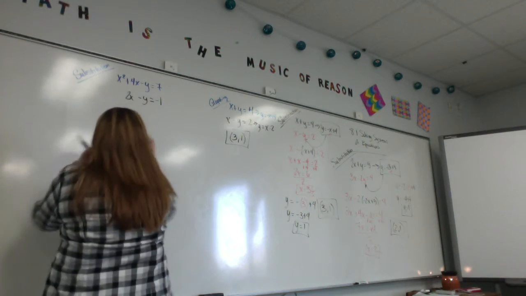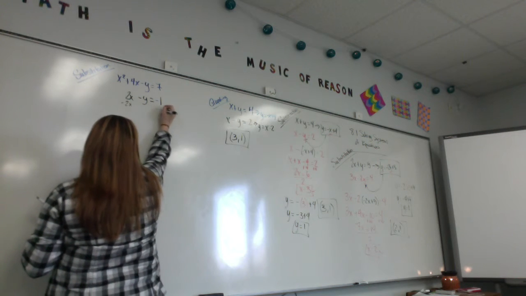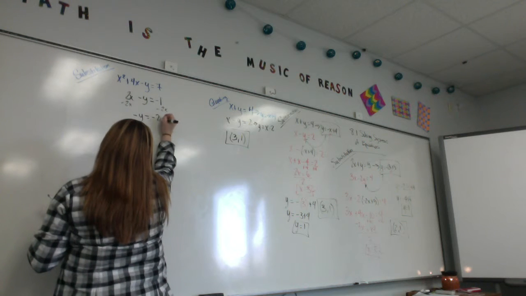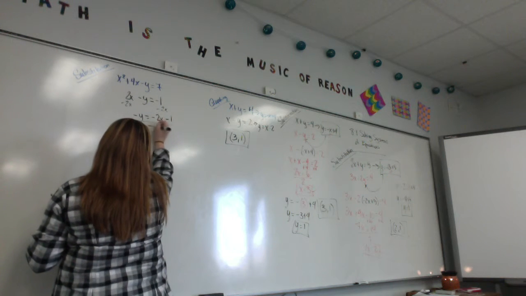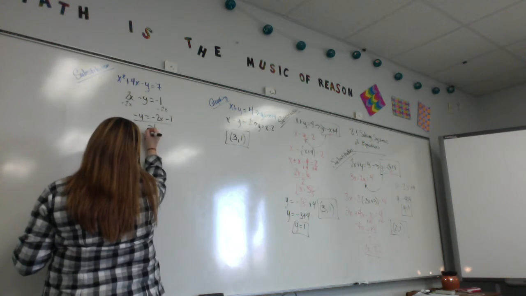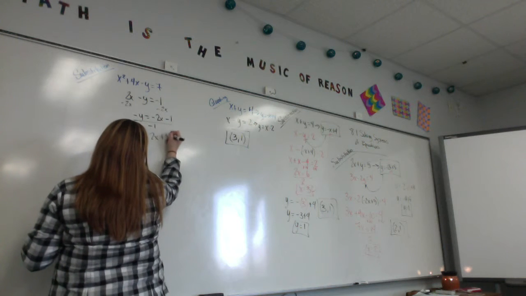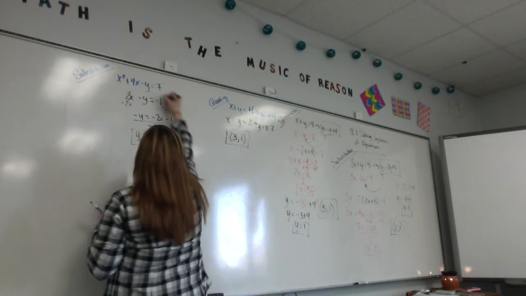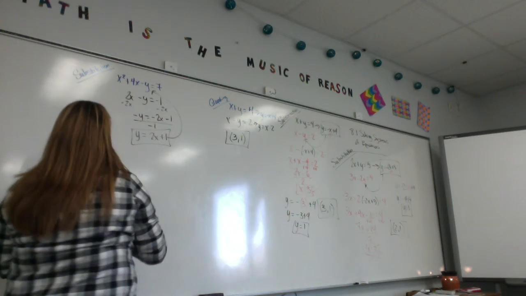To y. So I'm going to subtract 2x from both sides, and I get negative y equals negative 2x minus 1, divided by the negative 1. So my new equation says y equals 2x plus 1. I'm going to substitute this in for the y on that equation.